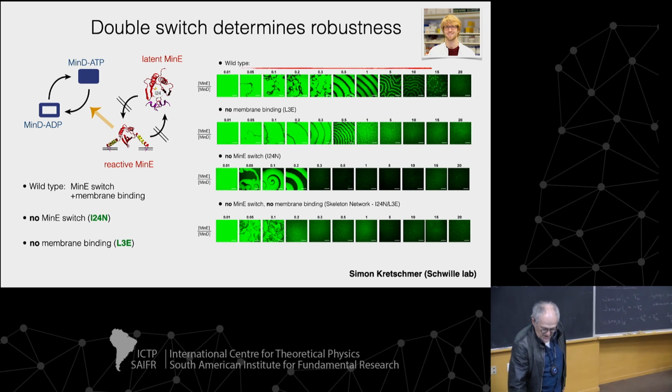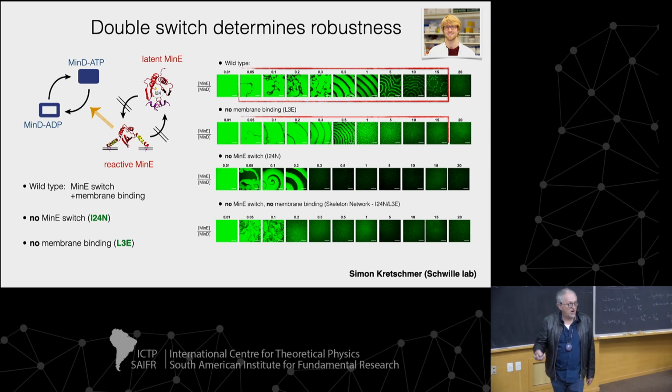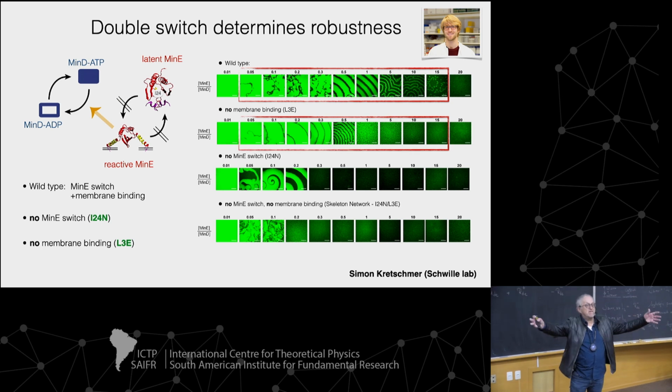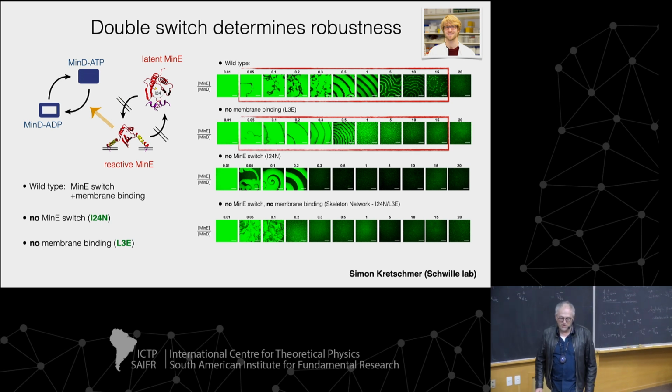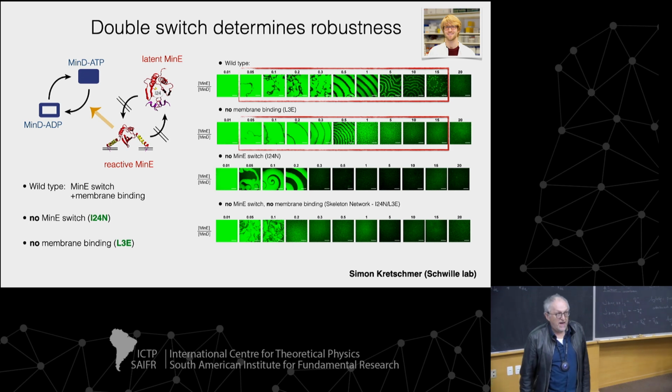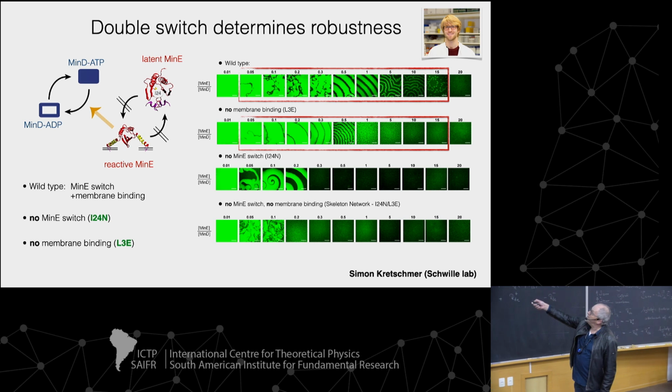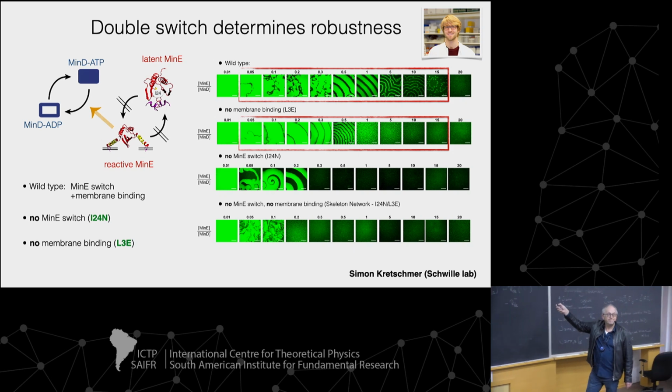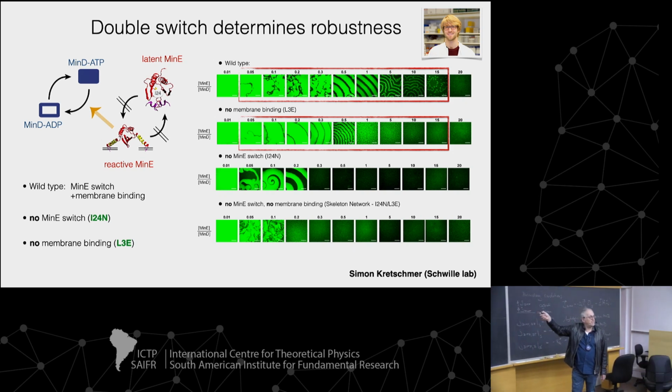So what do we see? The wild type is, as we started out with, this robust pattern formation over many different ratios of MinE and MinD. And if you remove the membrane targeting sequences, nothing happens, right?